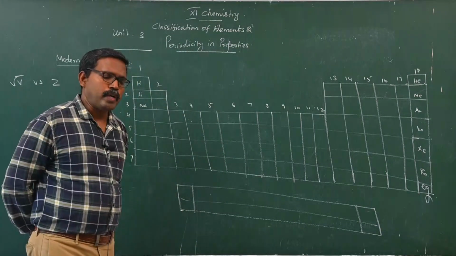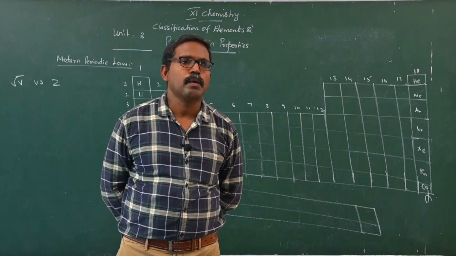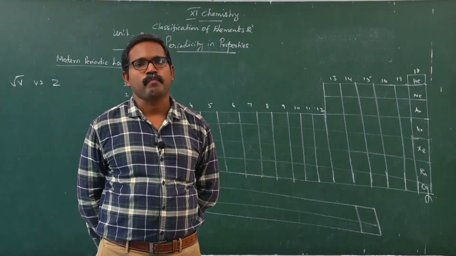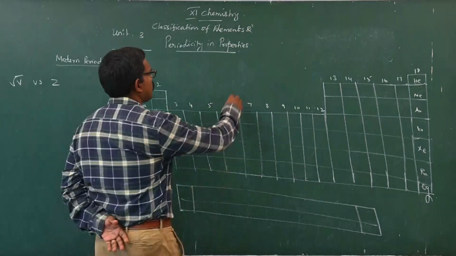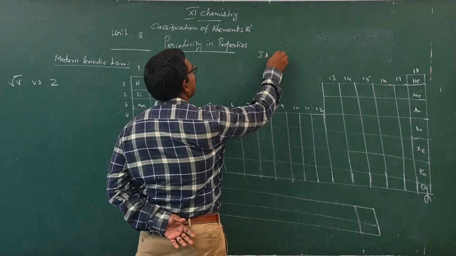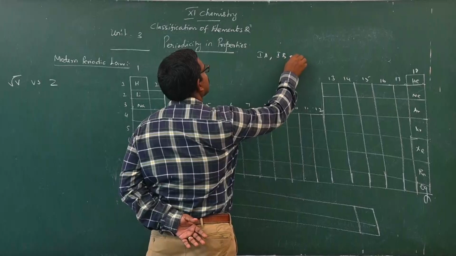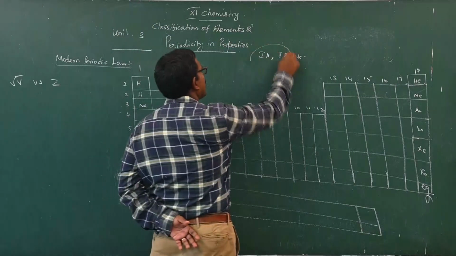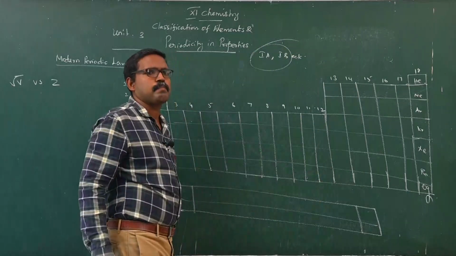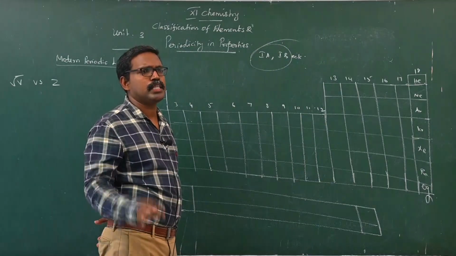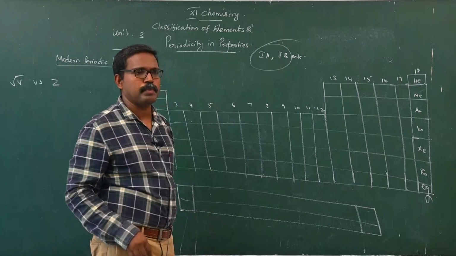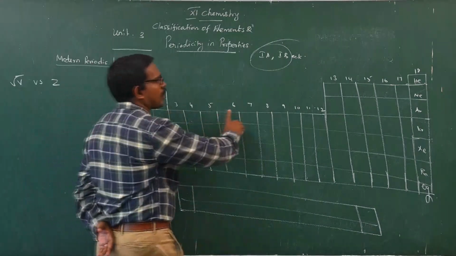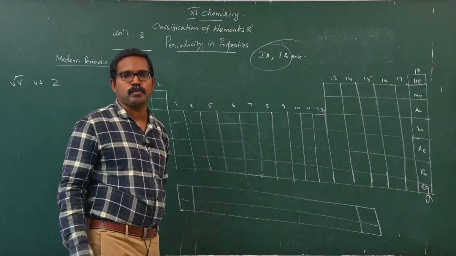I already told you in the previous classes, the 18 groups were designated by labels like 1A, 1B, etc. To avoid confusion, this old terminology is replaced by modern terminology. In the modern periodic table, the groups are numbered with Indo-Arabic numbers from 1 to 18.